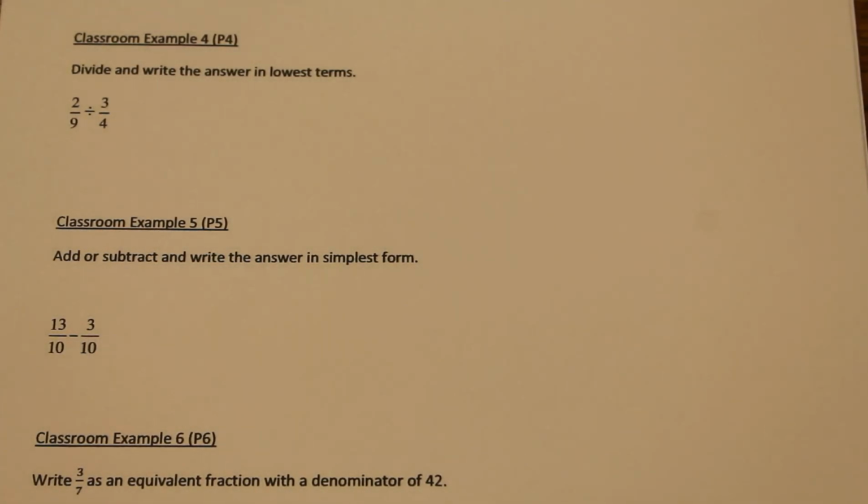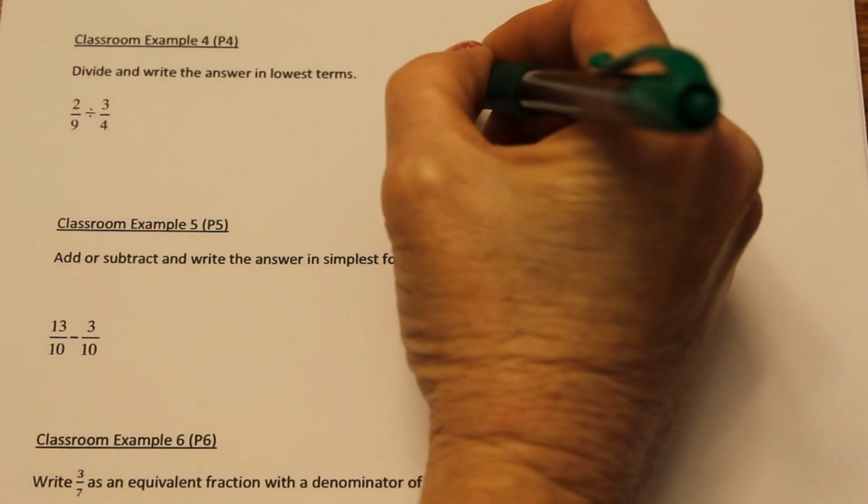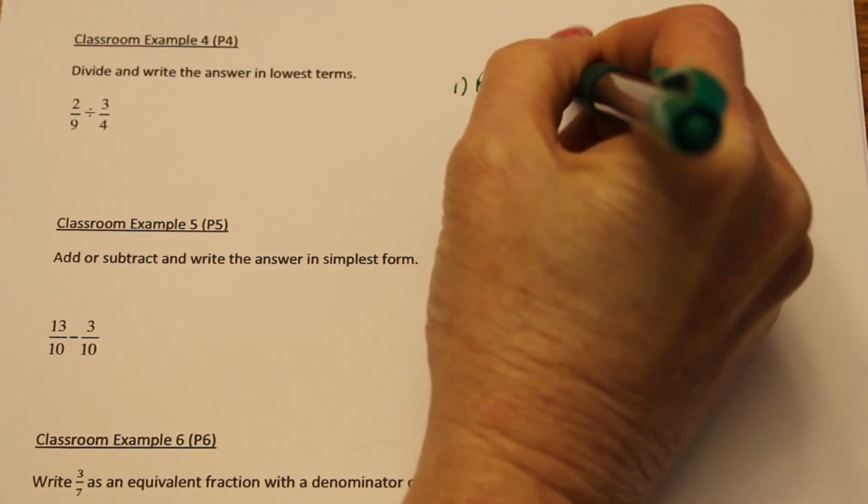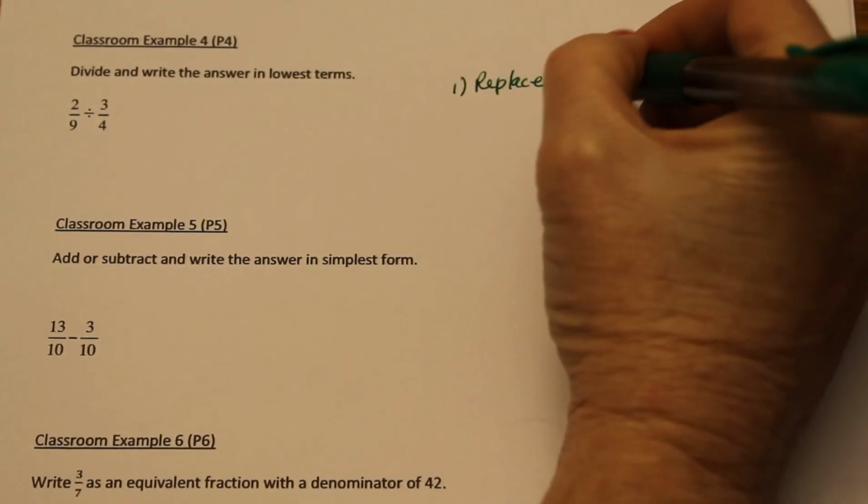All right, let's continue with section 1.3, looking at classroom example 4. So now we want to divide fractions. Well, when you divide fractions, it's a two-step process. The first step is to replace the division with multiplication.